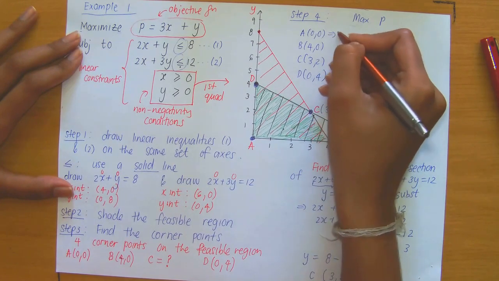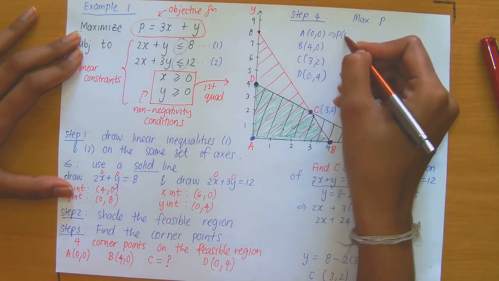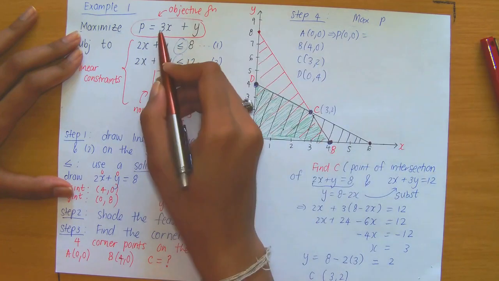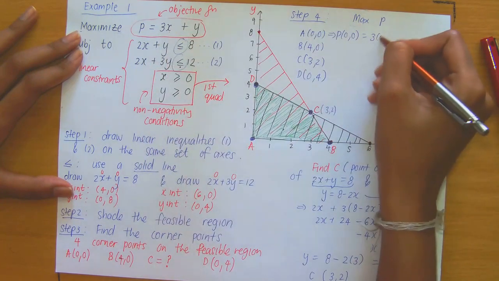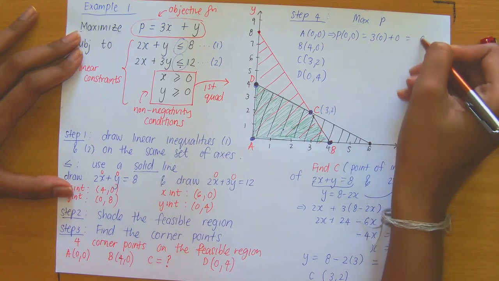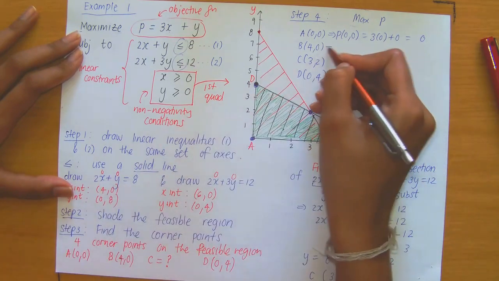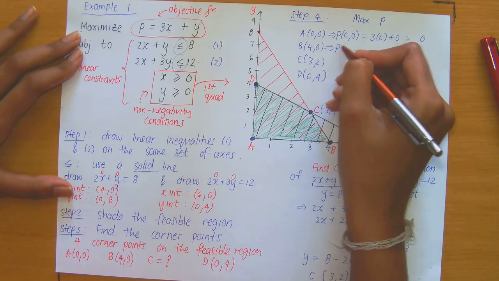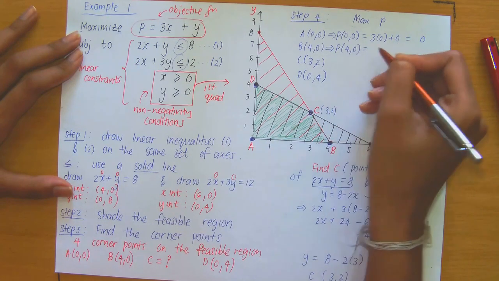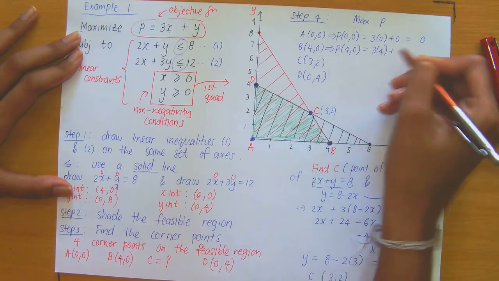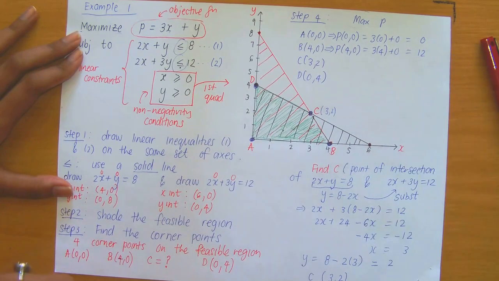Alright, so I'm now going to substitute it into P. So I'm substituting in 0, 0. So that means it's 3 times 0 plus y equals 0, giving me 0. Let's now work with coordinate B. So I'm now substituting in 4 and 0. So it's 3 times 4 plus y equals 12.